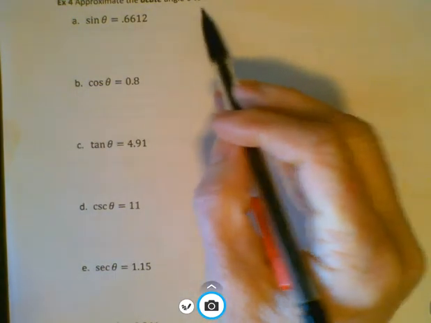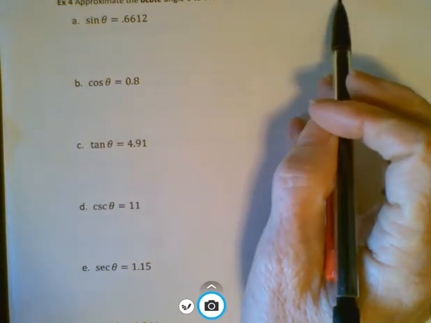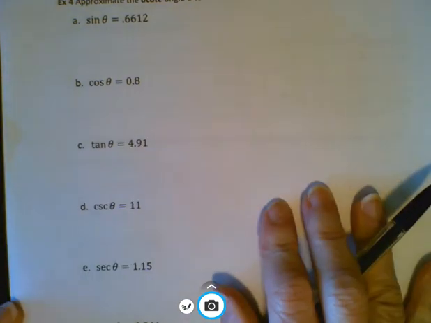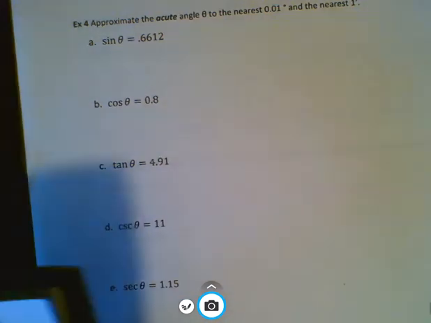We're supposed to approximate the acute angle theta to the nearest hundredth of a degree and then to the nearest minute, so we'll have to do a conversion for that. All right, the sine of theta. This is just a regular sine one, so you have this key on your calculator.